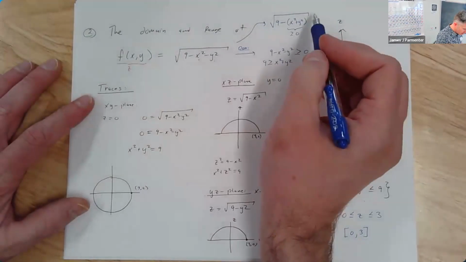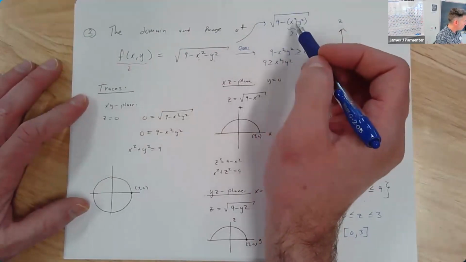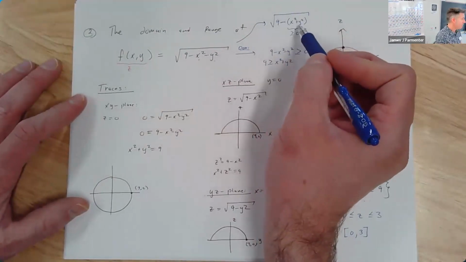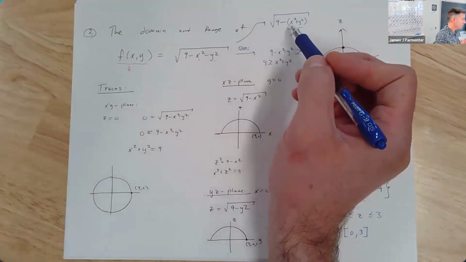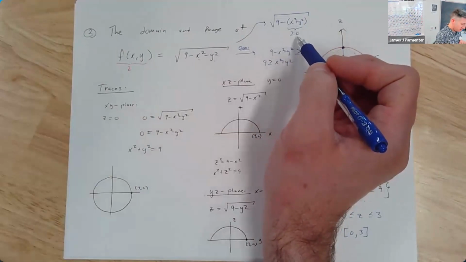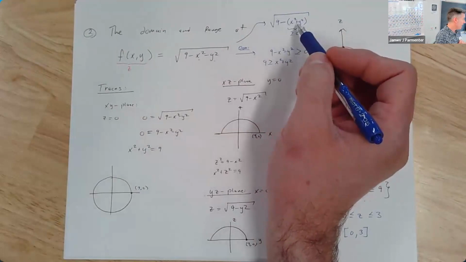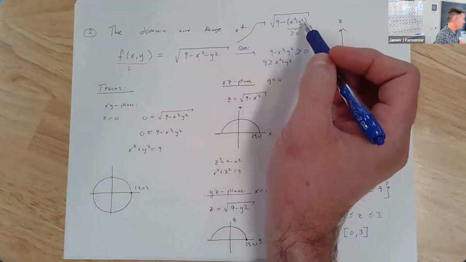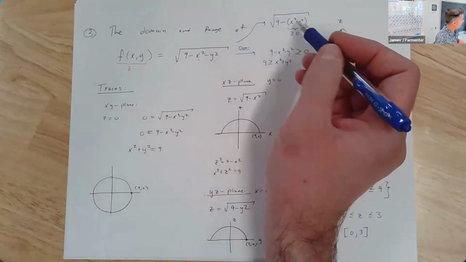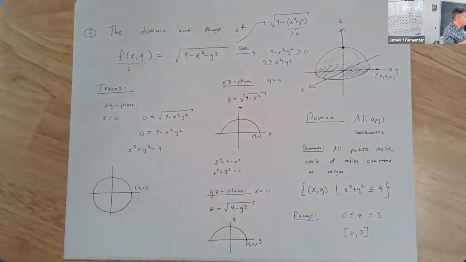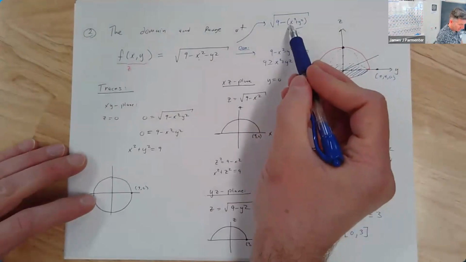If I want to make this whole thing as large as possible, I'm going to make the thing I'm subtracting off as small as possible. The smallest it can be is 0. 9 minus 0, the biggest that can be is 9. Square root of 9, 3. So typically, if I'm trying to see where something is as large as possible, I'm trying to make the thing I'm taking away as small as possible. And again, the smallest that can be is 0.